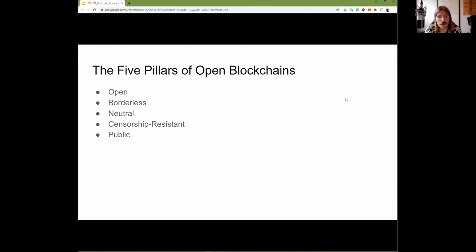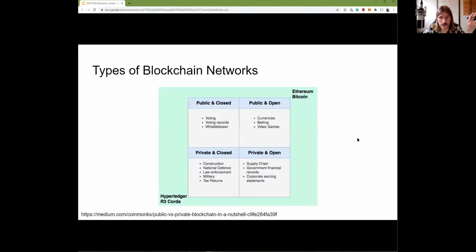So they have to be open, borderless with regards to nation borders, neutral, completely censorship resistant, completely public. But there is also another class of people that says, okay, different blockchain systems can reside on a certain spectrum or can be implemented along different dimensions.